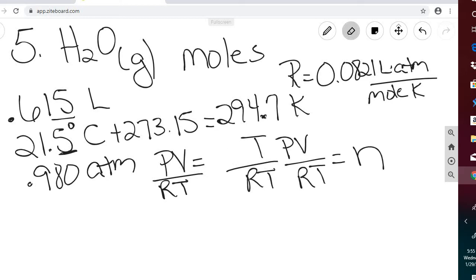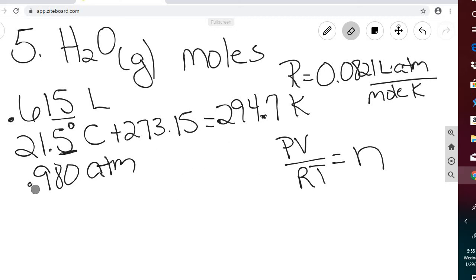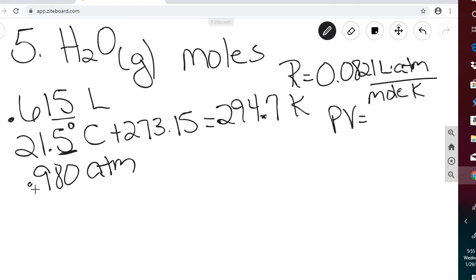Okay, so then let's just plug in numbers. Let me slide this over here. I'm going to put this up here real small. PV equals nRT. PV over RT equals n.